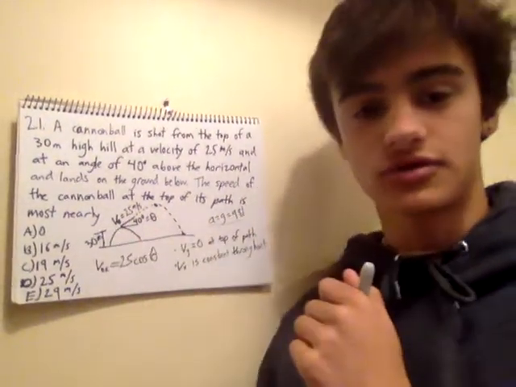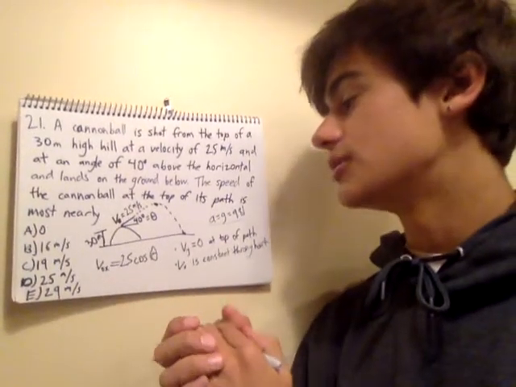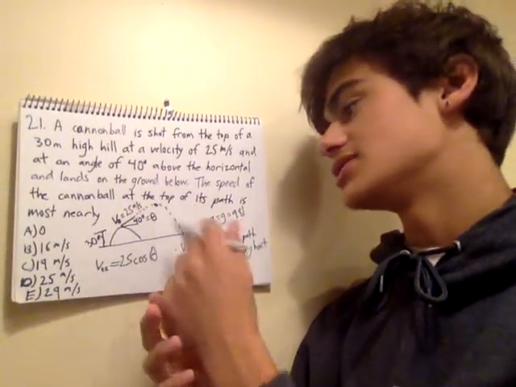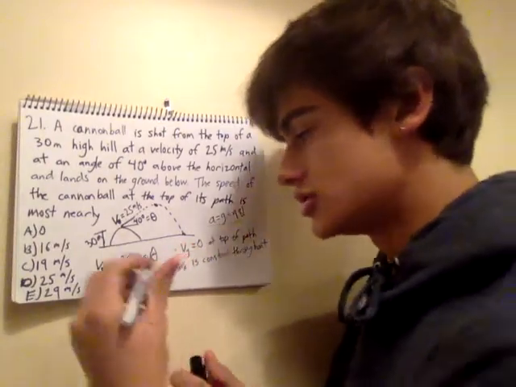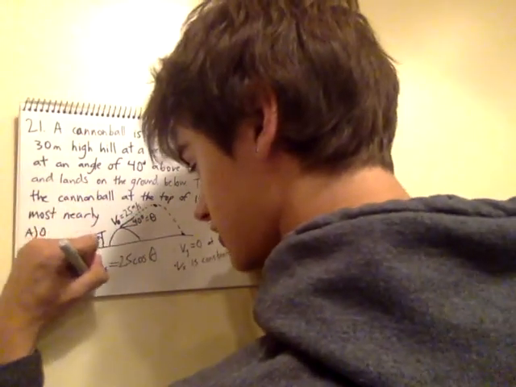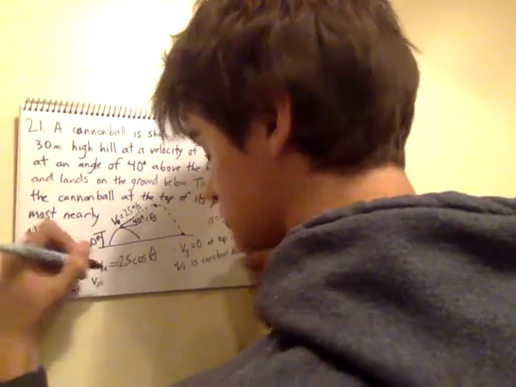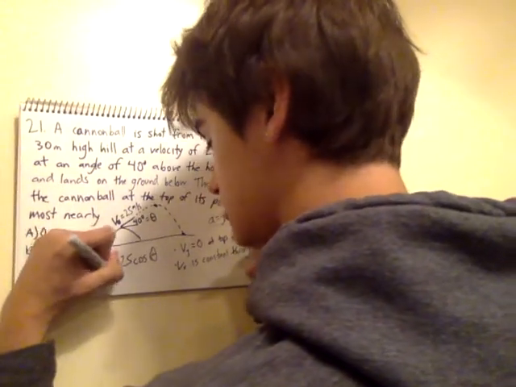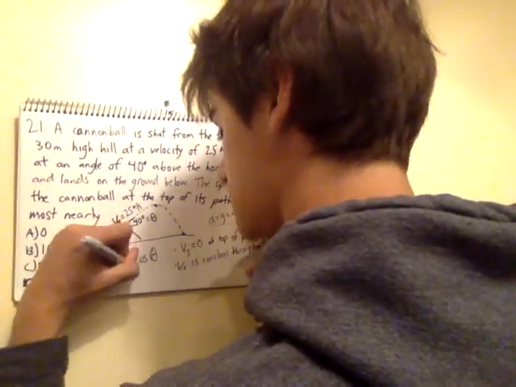We don't care about the vertical component. We already know it's going to end at 0 at this highest point, but we want the horizontal component. So v naught x, which is the same as vx, is going to be 25 cosine 40.